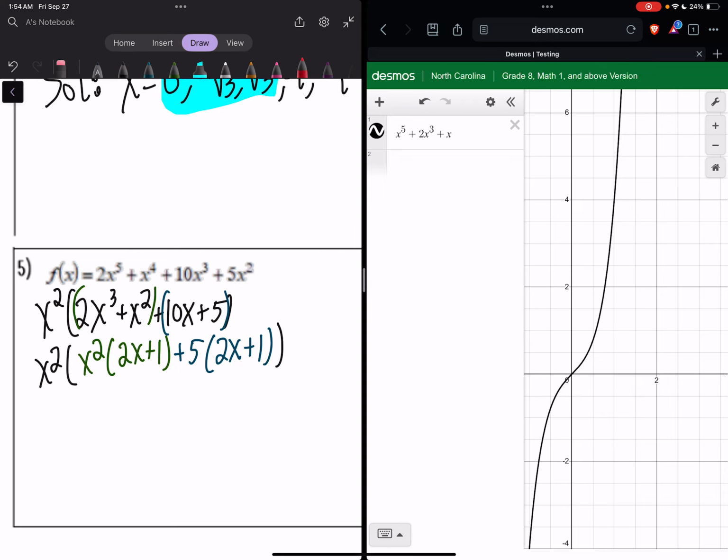Now if I take both of these together, I'm going to have x squared. I'm going to pull my 2x plus 1 out, and then I'm going to have x squared plus 5 remaining.